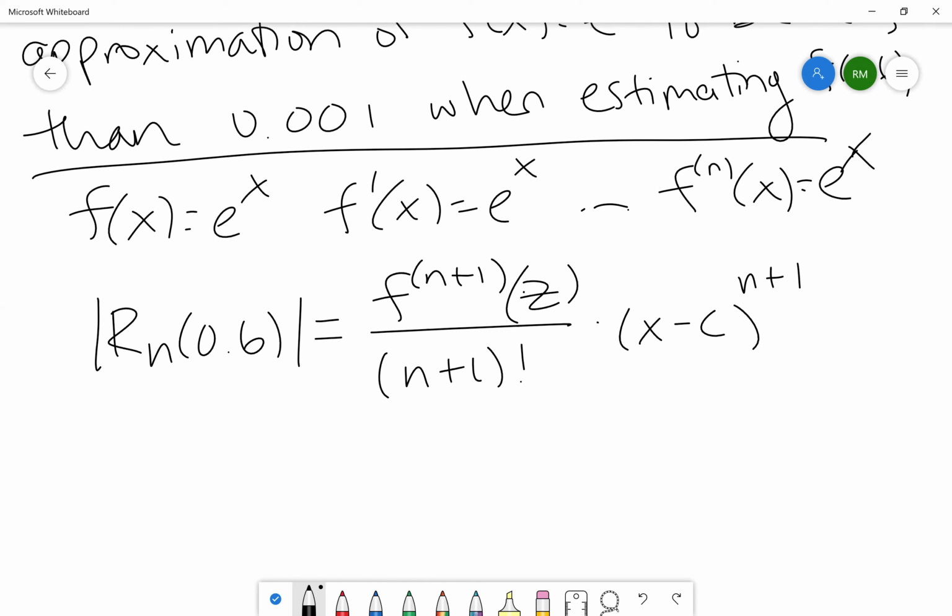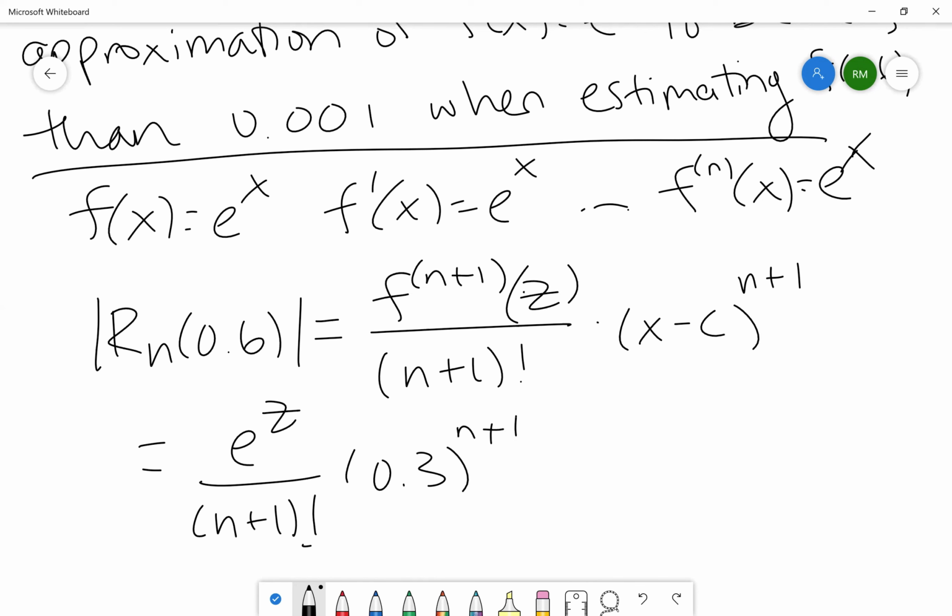We don't know what n is going to be, so we need to figure it out. So this becomes e to the z over n plus 1 factorial times 0.6 to the n plus 1. See, we know that c is 0 because this is a Maclaurin polynomial, and x is 0.6.